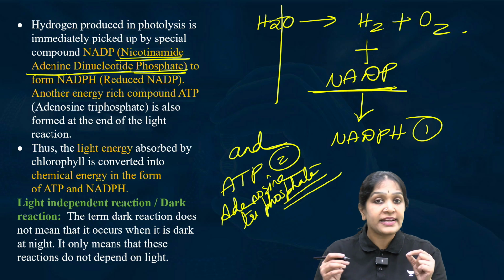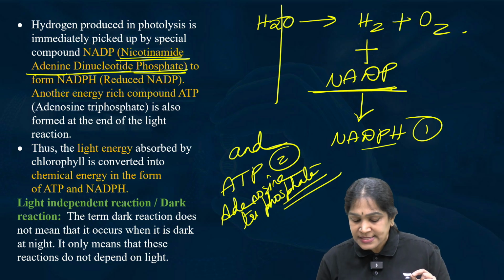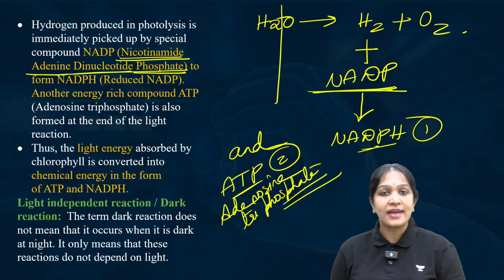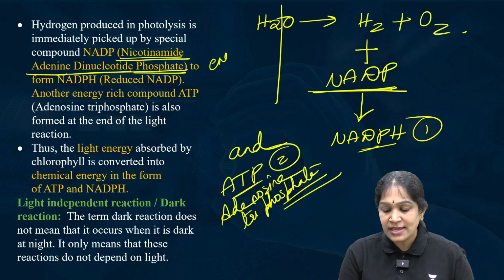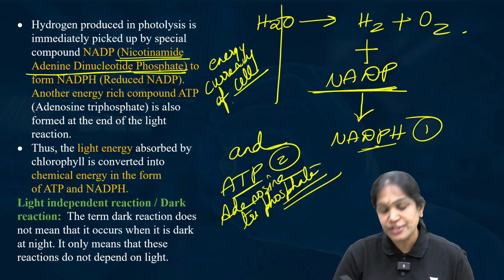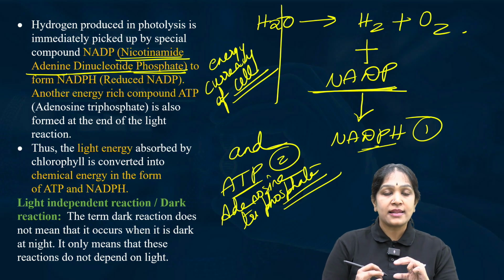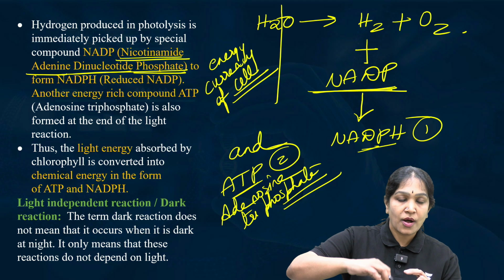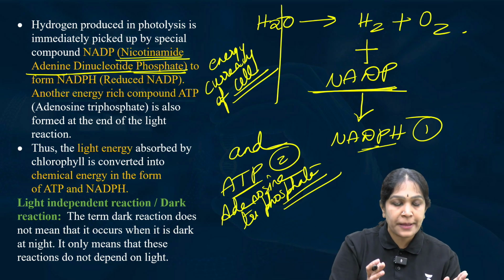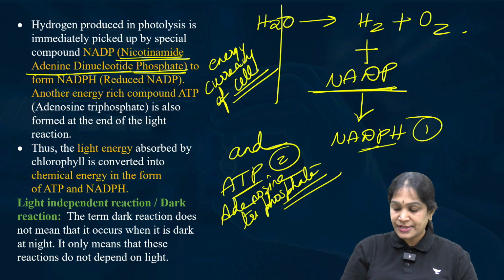Fine. But why did we produce NADPH and ATP? What are they? They both are like the energy currency of the cell. It means a cell gains energy or spends energy in the form of ATP and NADPH.